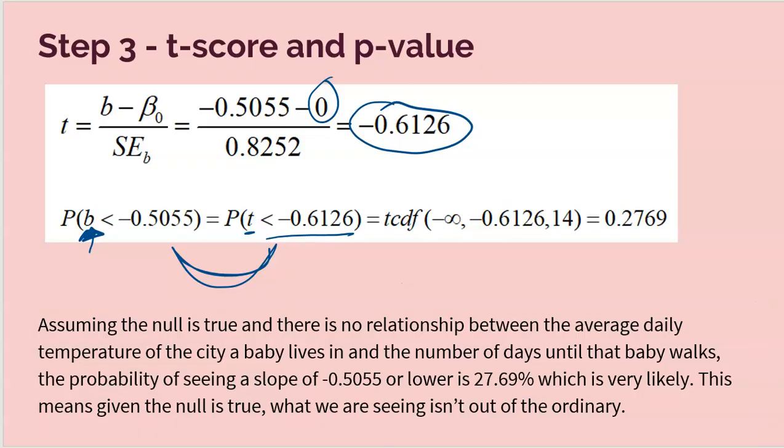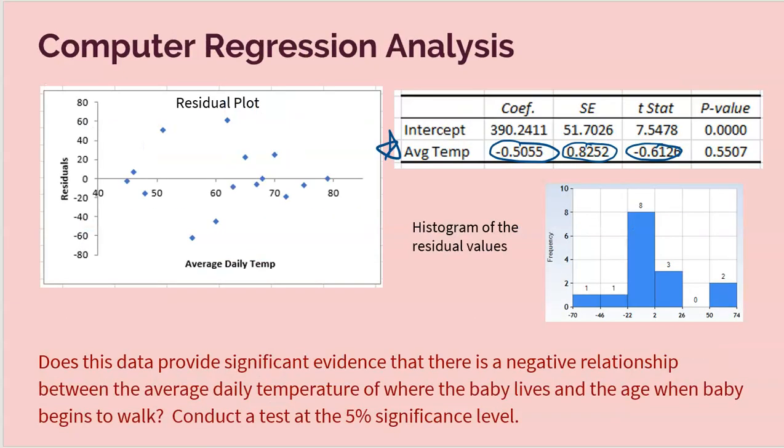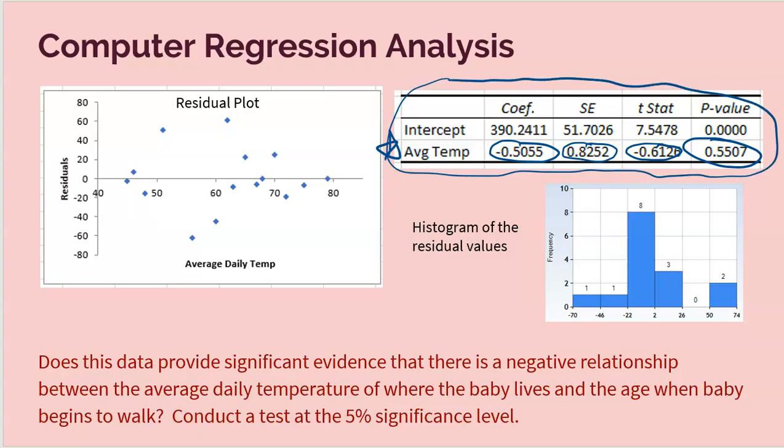Sorry about that. All right, now, go back to that computer regression analysis. Check out what they got here, 0.5507. Remember, as I explained earlier, that's the p-value if your alternative is not equal to. Because when the numbers are crunched for this entire table, they don't know that you even have a null and an alternative hypothesis. They don't even care.